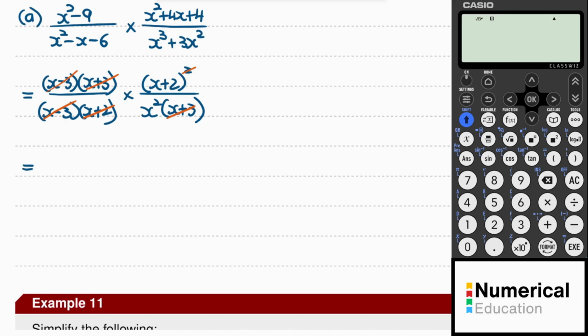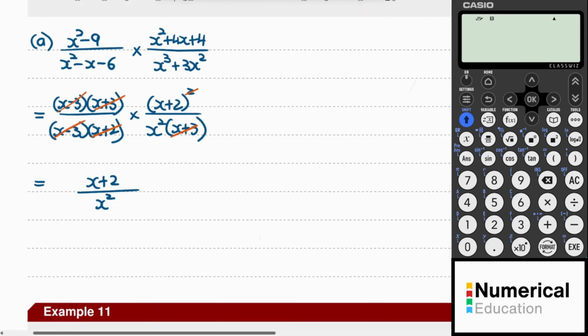So we go equals, and we're going to write down what we have remaining. Looks like on the numerator, we're going to have an x plus 2 all over an x squared on the bottom of the fraction there. Yeah, so that's basically it. So when it comes to multiplying these algebraic fractions, you're still going to do the same thing as you did previously. Factorize first, then cross things out.